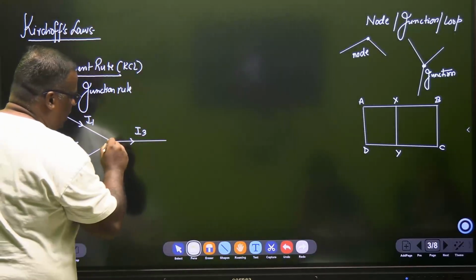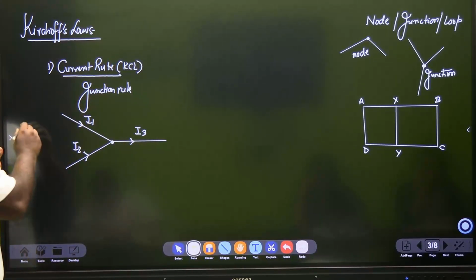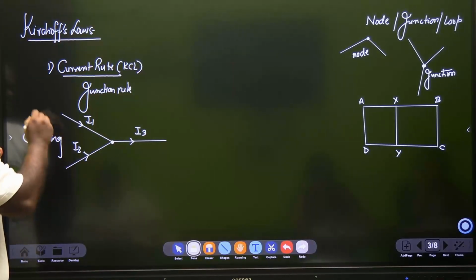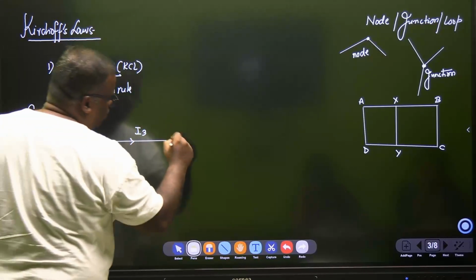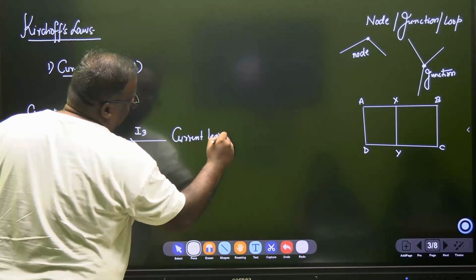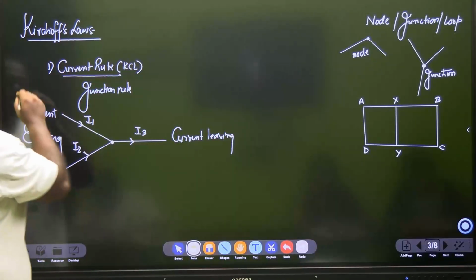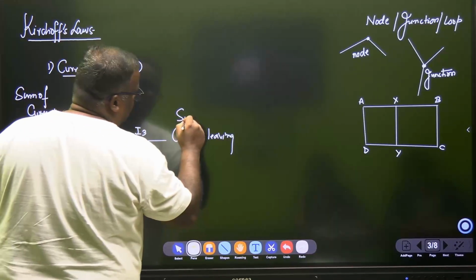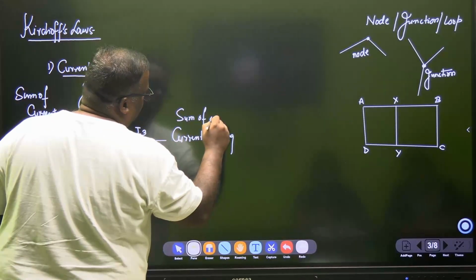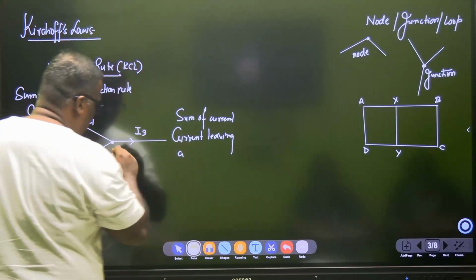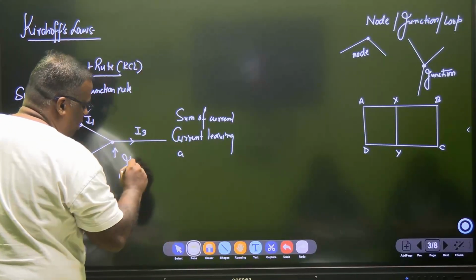If you look at this junction, the law says that the current entering should be the current leaving. So I would say the sum of current entering should be the sum of current leaving a junction.